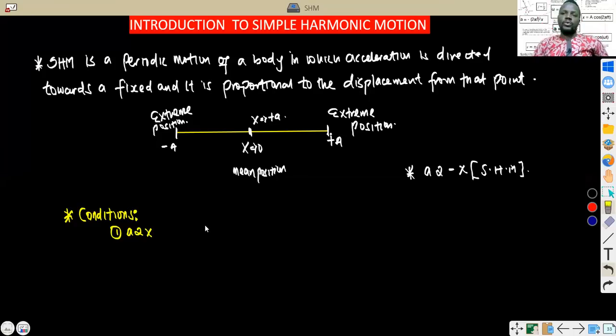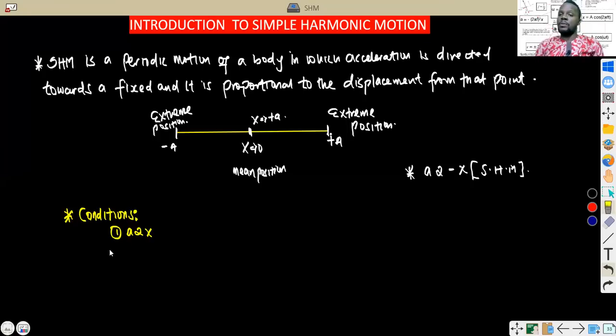Let's take one example: a body is moving in the positive x direction, then the direction of the acceleration must always move with respect to the direction of the body. When it reaches a fixed position, it will come back towards its original position. So that is what we talk about as conditions.